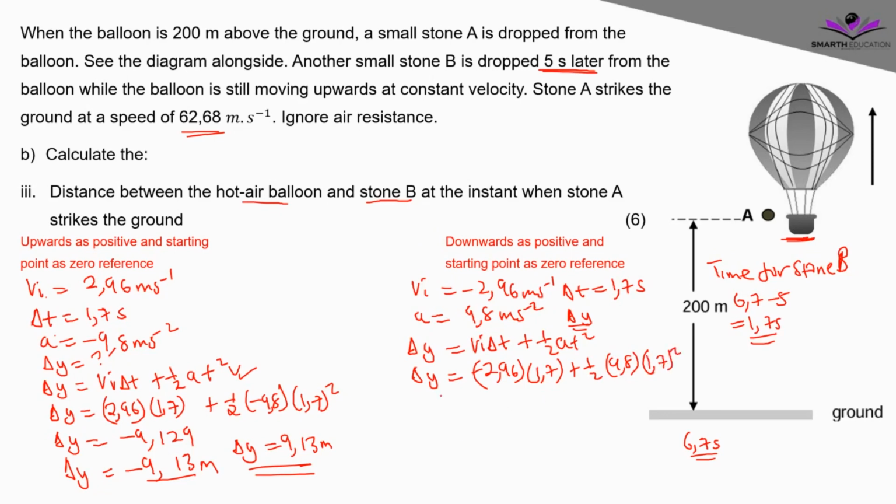So we're taking downwards as positive. So displacement will be 9.13 after rounding off, just the same as this one. So now the distance between the hot air balloon and stone B is 9.13 meters.